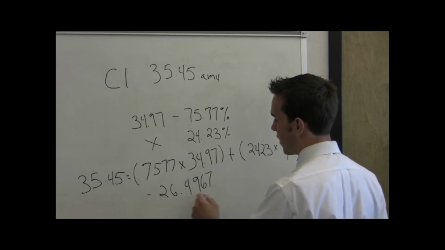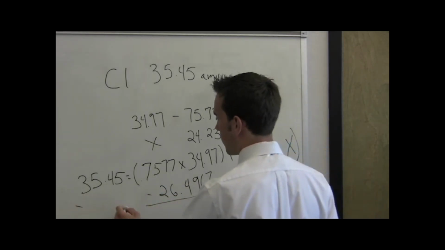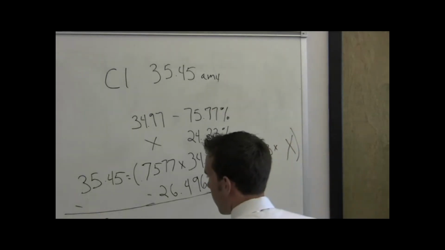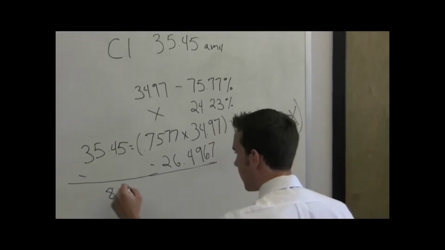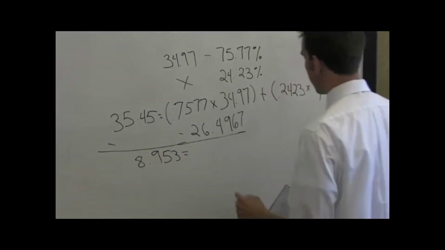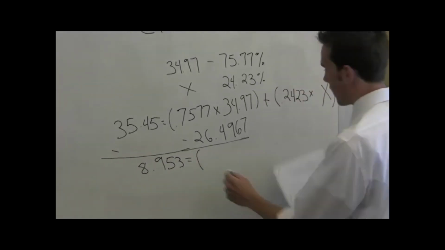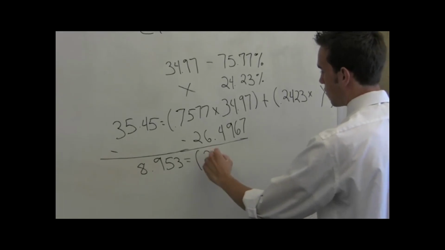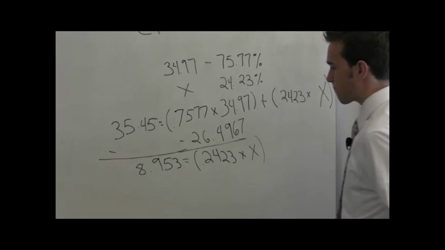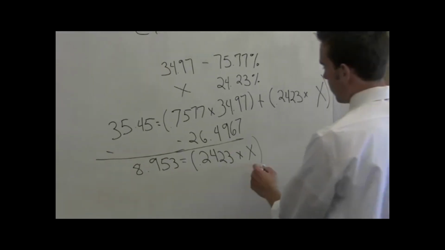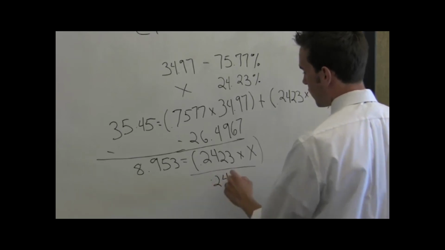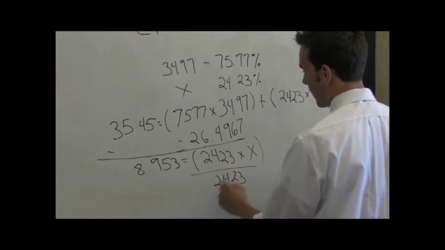We'd want to subtract each side by that value, and that would give us 8.953 is equal to this second value, 0.2423 times our unknown. Based on that, we can divide each side by 0.2423.